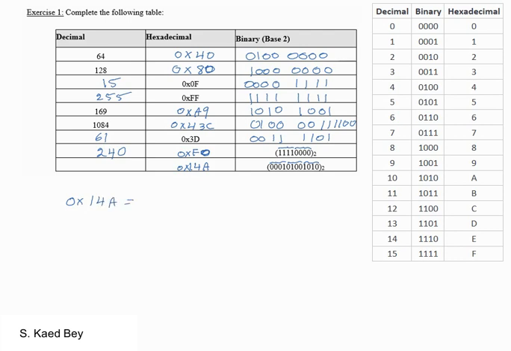We take the first digit, A times 16 to the power 0 plus 4 times 16 to the power 1 plus 1 times 16 to the power 2. Now letter A is equivalent to 10. So 10 times 16 to the power 0 and so on.